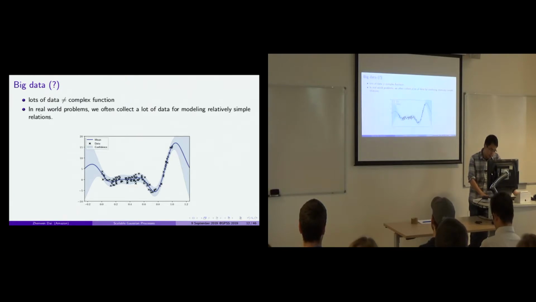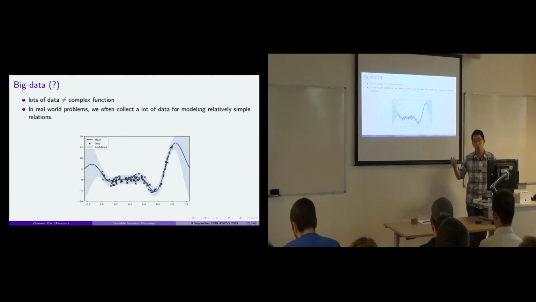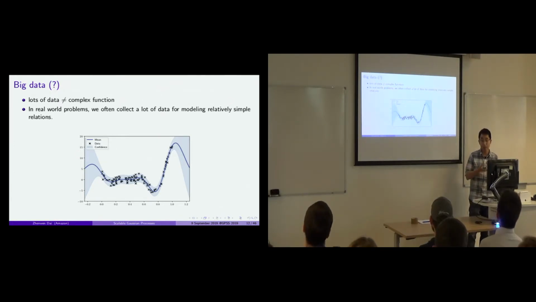First is that often, especially on real data, a lot of data does not necessarily mean the underlying relation between the input and the output is very complicated. Especially on business data and real data modeling, you will often observe that the relation in the data is relatively simple, and there's a lot of noise.